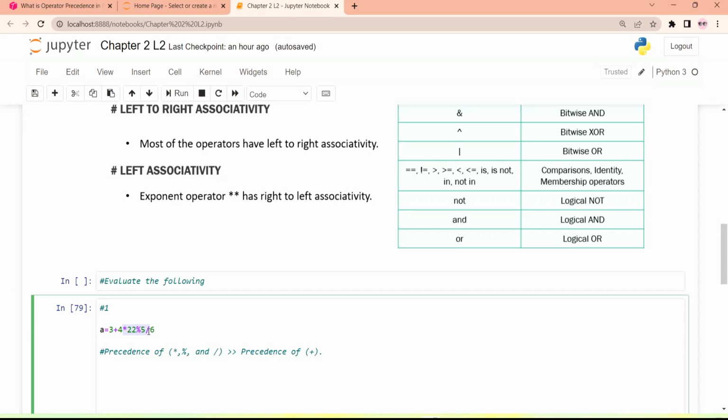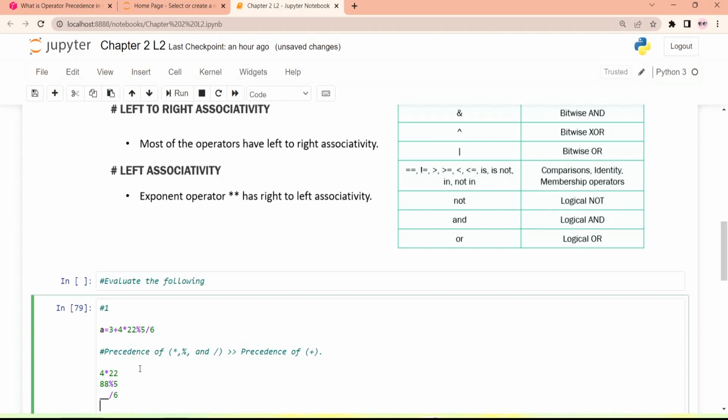After they have been evaluated, 3 will be added to the result. Plus has a lower priority compared to these 3 operators. That's why we can rewrite this expression as 4 into 22. This is the first thing going to happen. Then 4 into 22 is 88. 88 modulo 5, the result of this will be divided by 6.